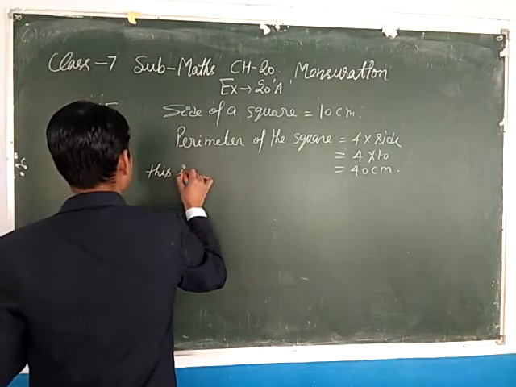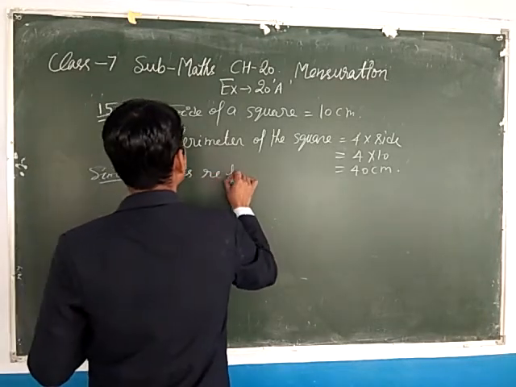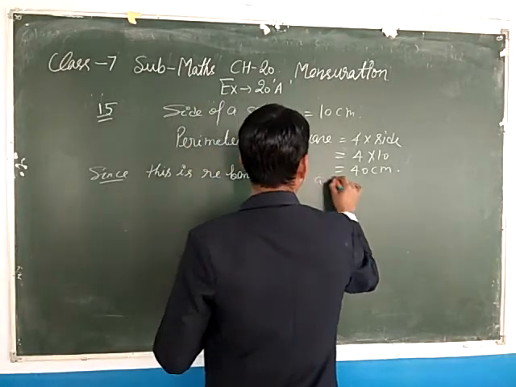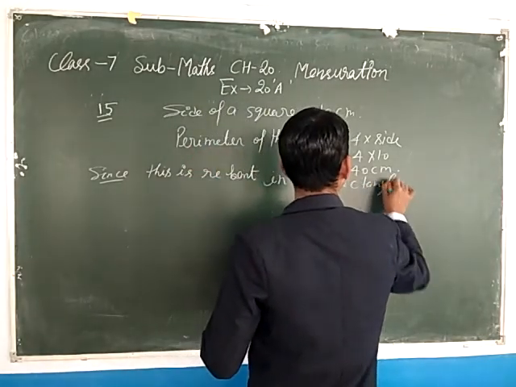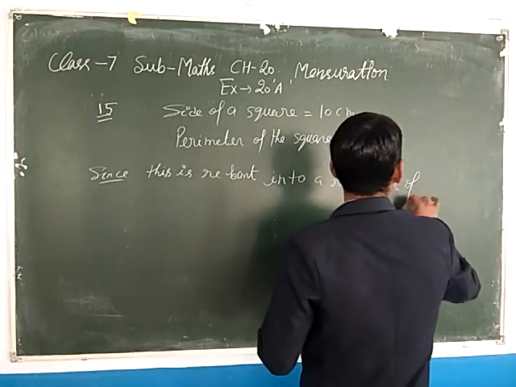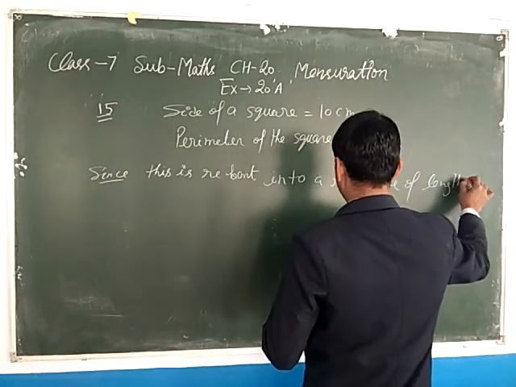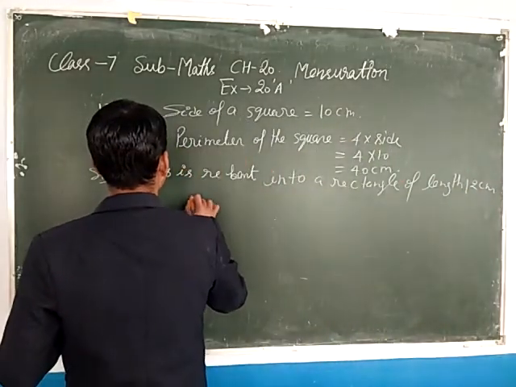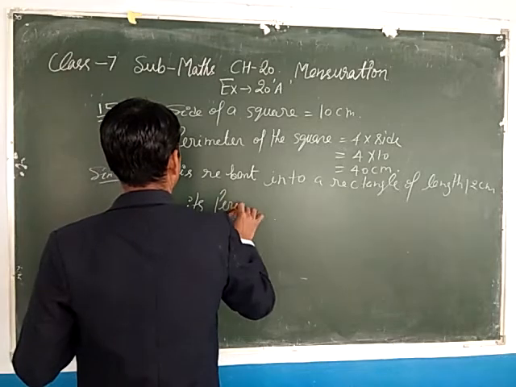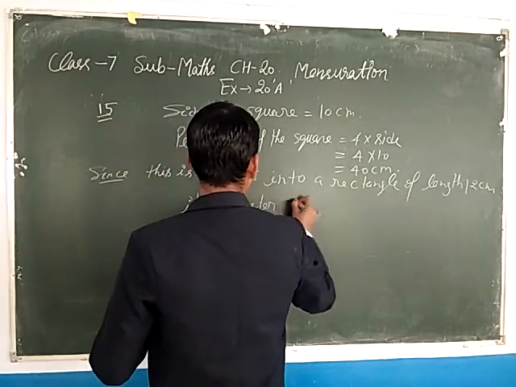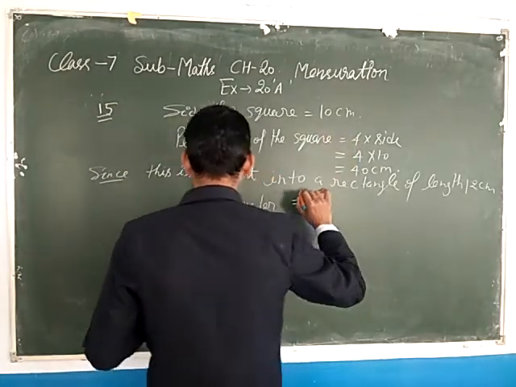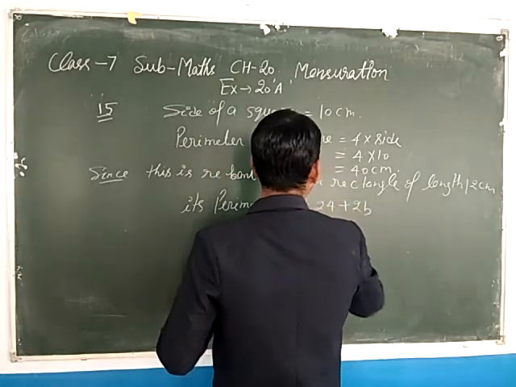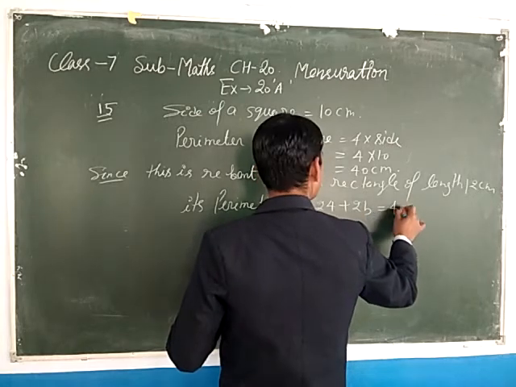Since this is rewound into a rectangle of length 12 centimeter, its perimeter equals 24 plus 2b equals 40.